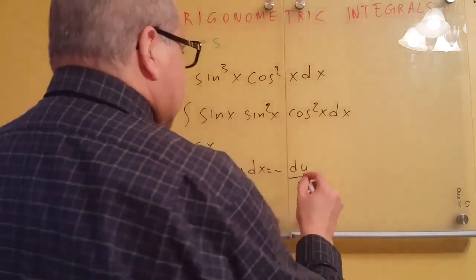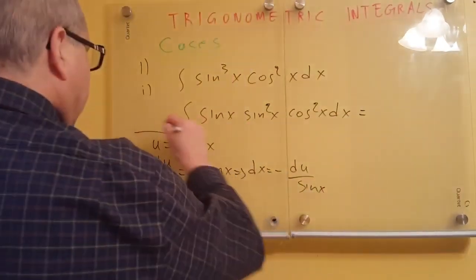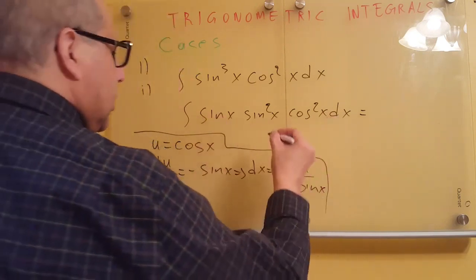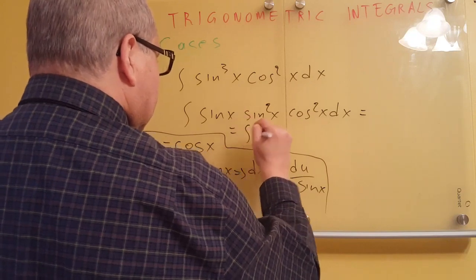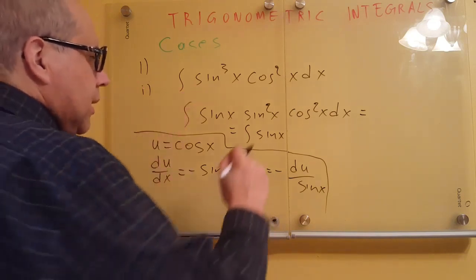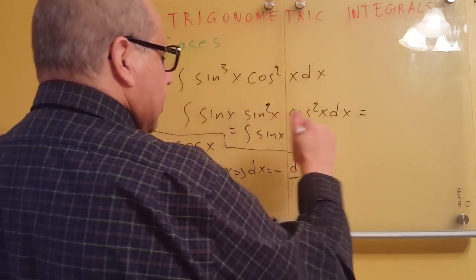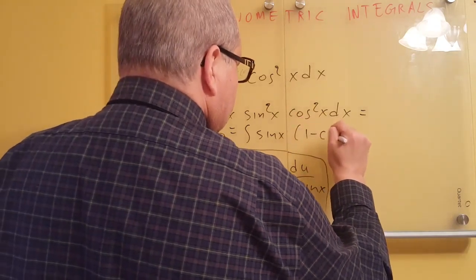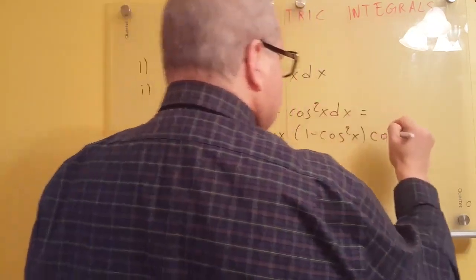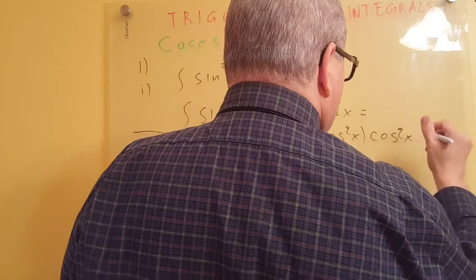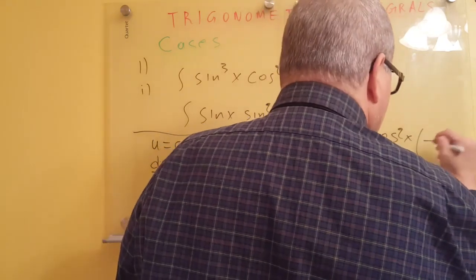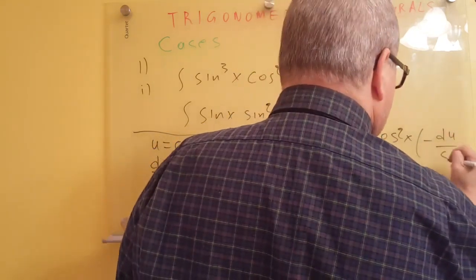So if we go and substitute now, the dx, we will have the integral of sine x, and also we said that we substitute the sine square x equal with 1 minus cos square x, and of course we write the cos square x that we have here, and of course we substitute the dx from here, so that should be equal with minus du over sine x.